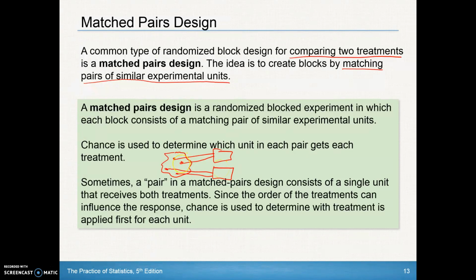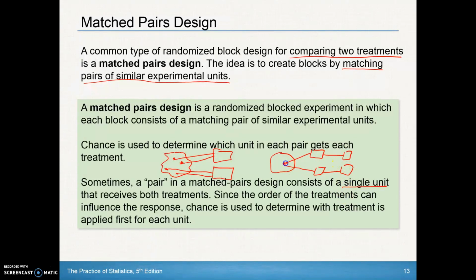Here, we're just looking to match people up. Down here, we can also do it on a single unit. Basically, you've got a group of people, and that one person is put into both groups and gets both treatments.